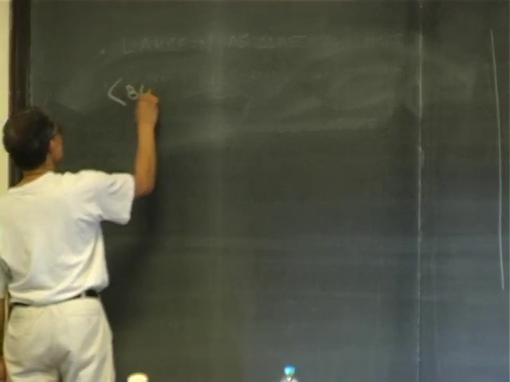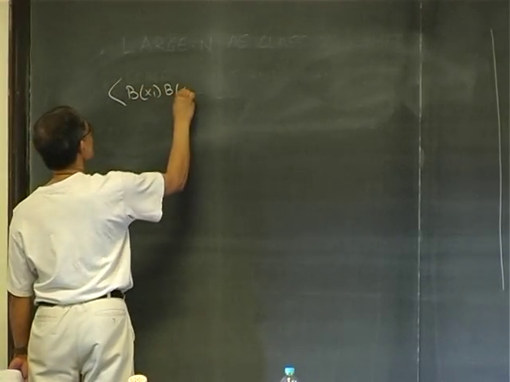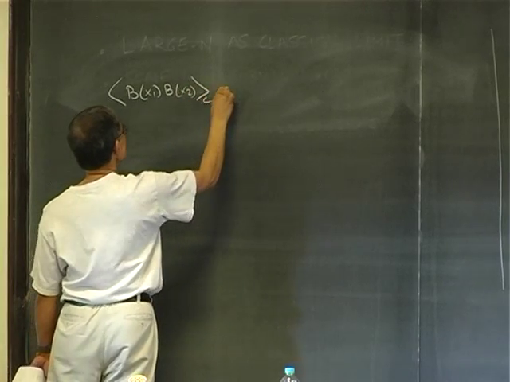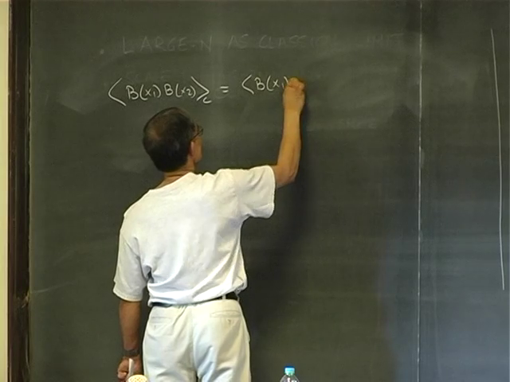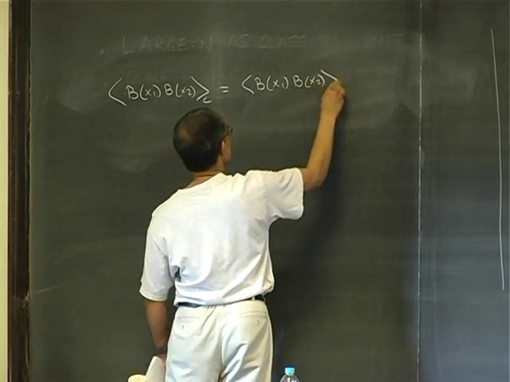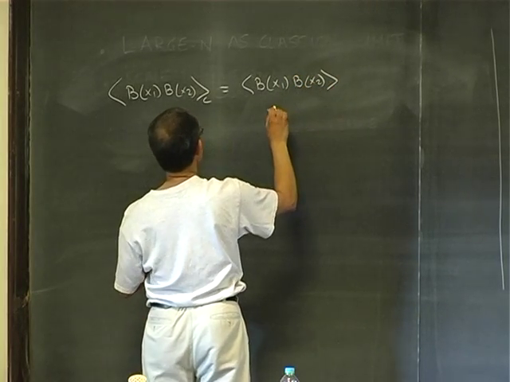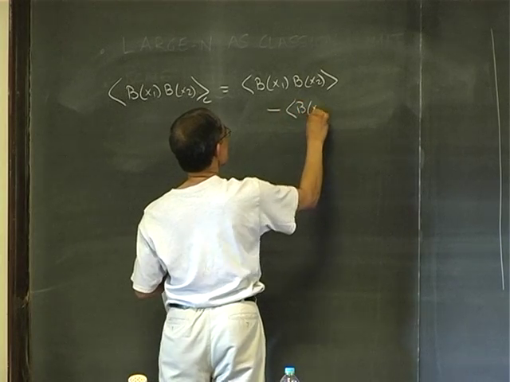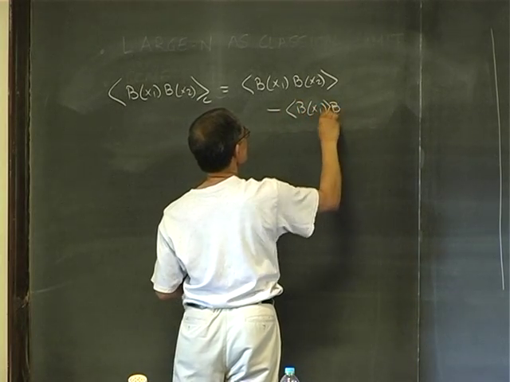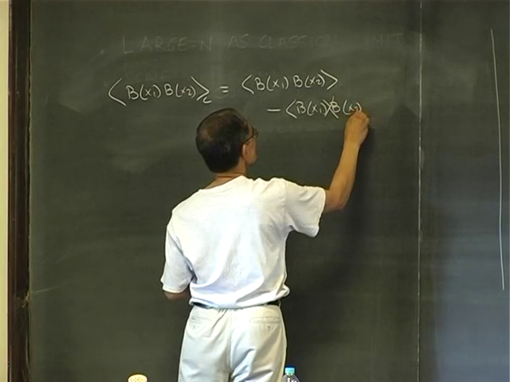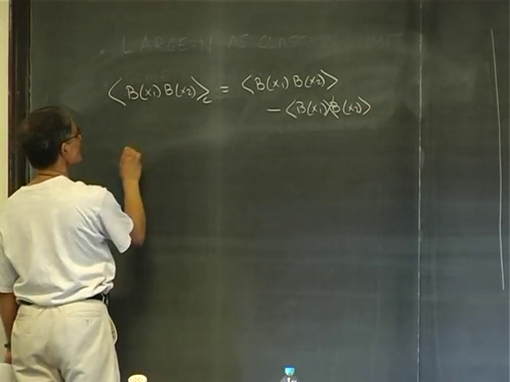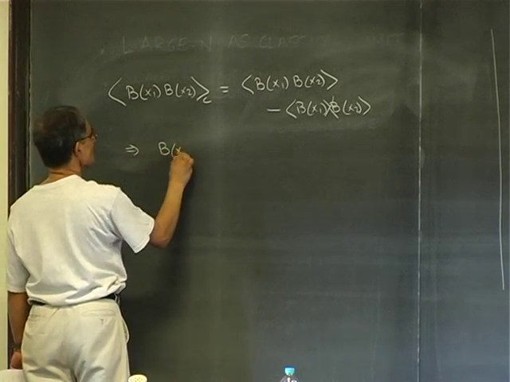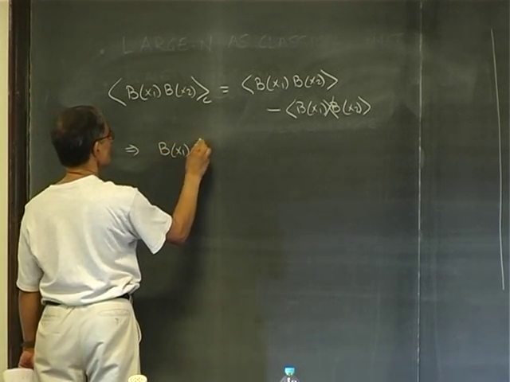That therefore means that phi x1, phi x2 connected is, this is the definition.